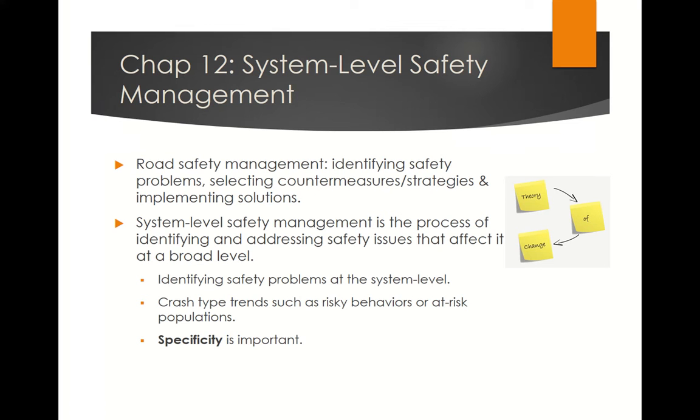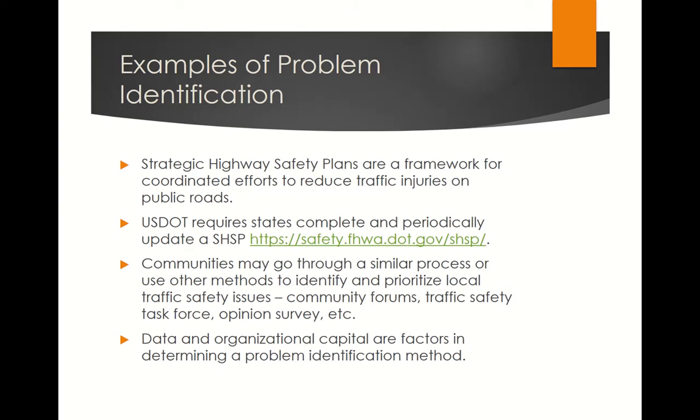So we need to identify that safety problem with that system level risk, a widespread issue, perhaps some crash type trends such as risky behaviors or at-risk populations, and be specific when you're talking about those issues and what you see as a problem. So examples of problem identification, the strategic highway safety plans are a framework for coordinated efforts to reduce traffic injuries on public roadways.